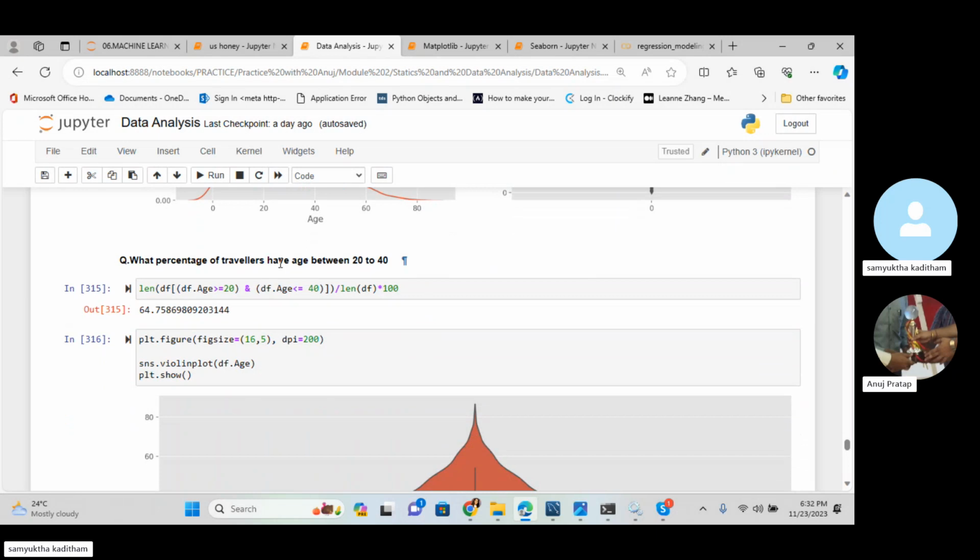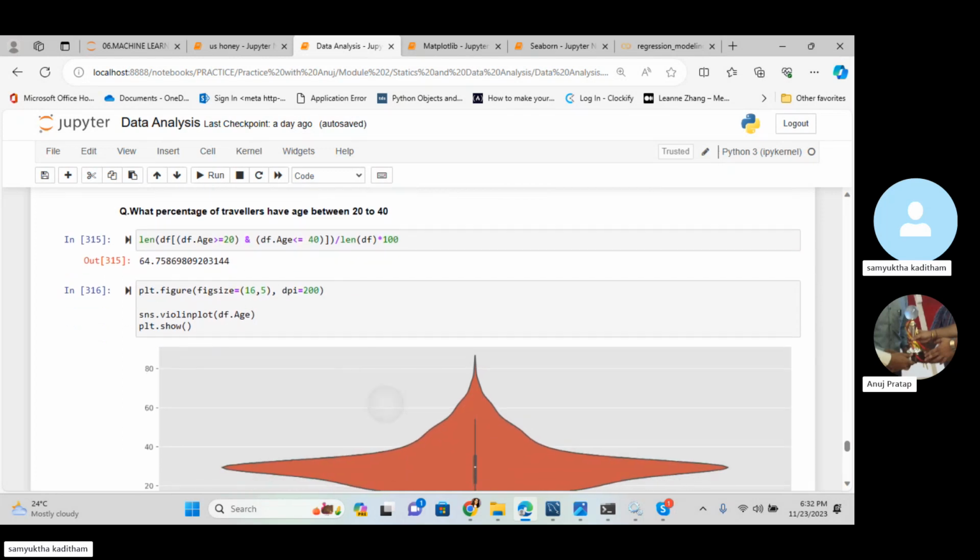And what percentage of travelers have age between 20 to 40? That is what the question is asking. Your condition is greater than 20 and less than 40. So we calculated the percentage, and the percentage is 64%.